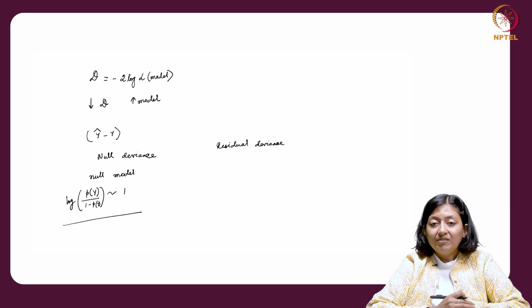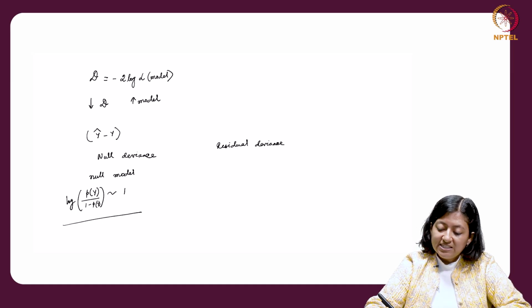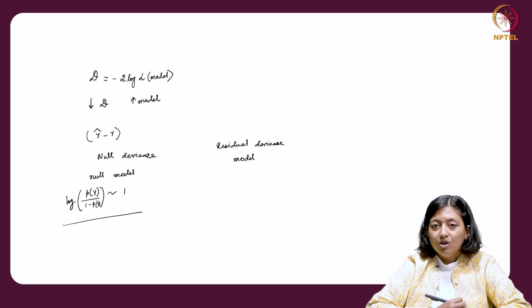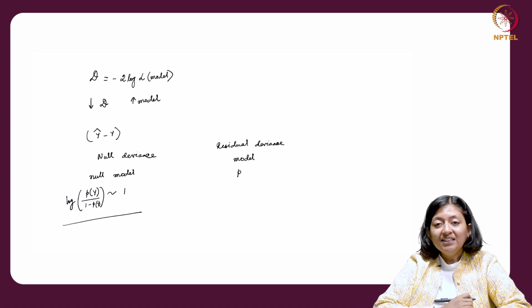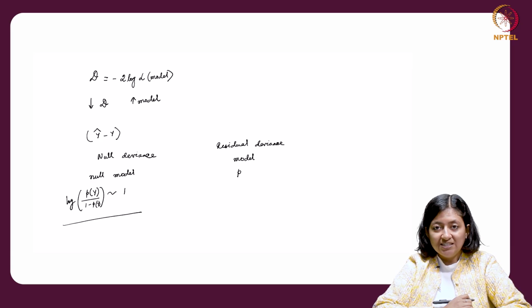What is a residual deviance? Residual deviance is the deviance of the model that we are considering. So let's say we are considering a model with p predictor variables. Then the residual deviance is the deviance of this particular model. If we are considering all the features in the data set into our model, then that would be the full model.